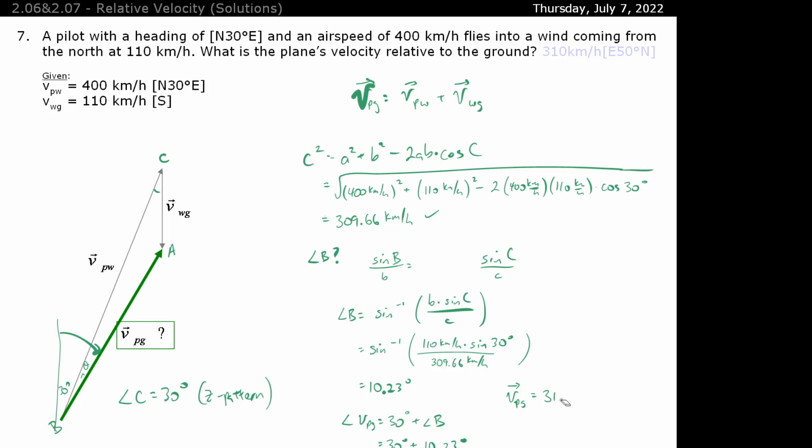If you want to write that down with proper significant figures, then 3.1 times 10 to the 2 kilometers per hour. And from our reference, we're going north towards the east. So north 40 degrees towards the east. I see on the answer key I did east to the north, so really it's 3.1 times 10 to the 2 kilometers per hour east, 50 degrees towards the north. Again, it doesn't matter, they're both correct answers. Take either one of them, they're both fine.